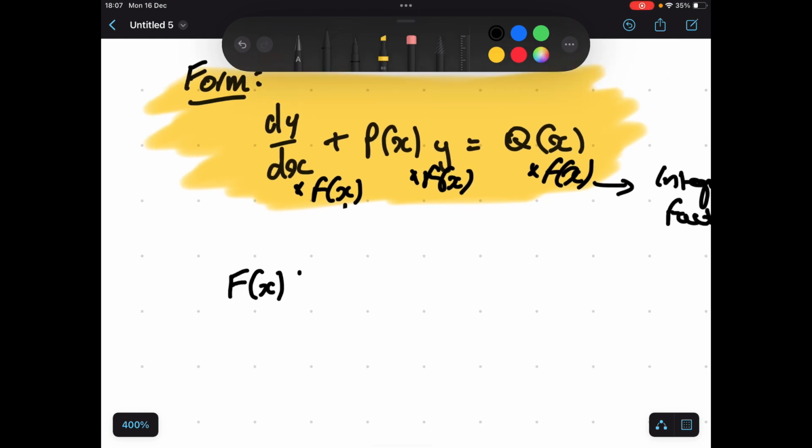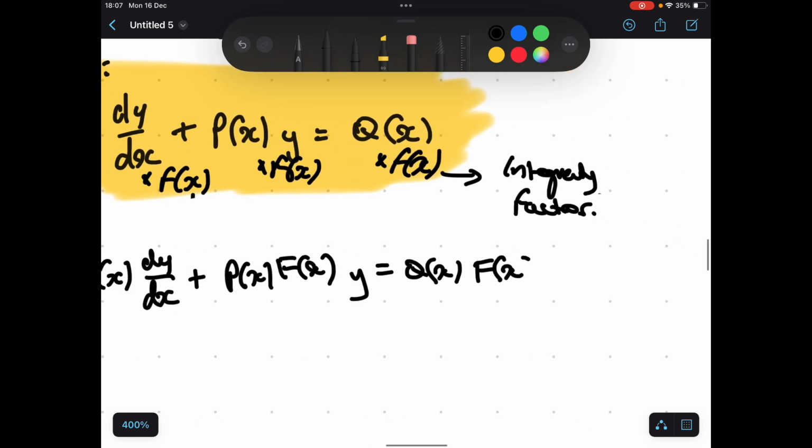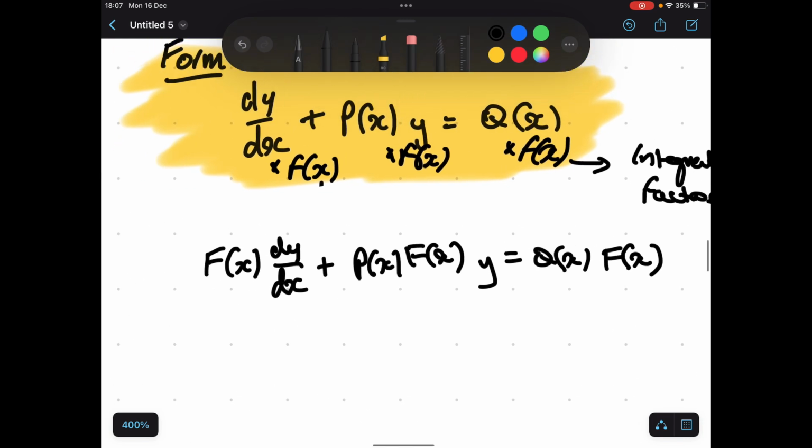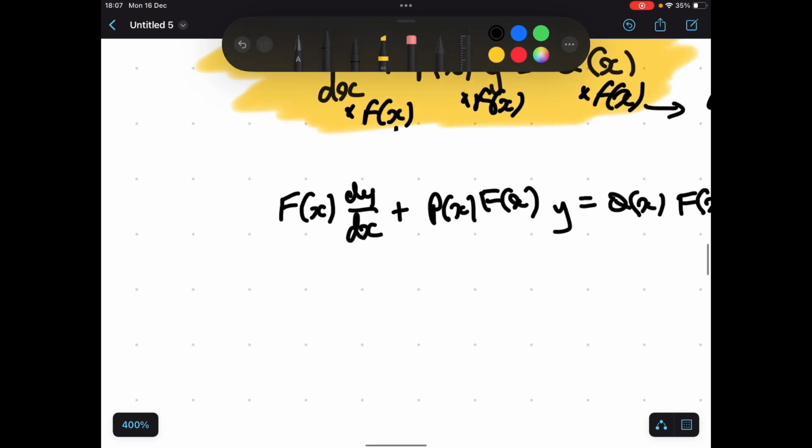F of x dy over dx plus p of x f of x y equals q of x f of x. Lovely. And now what we're doing here is we're going to try set up a little product rule. So what we want to do is we want to have d over dx, brackets.